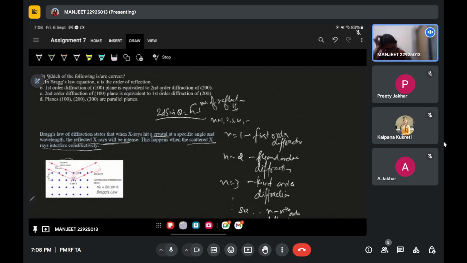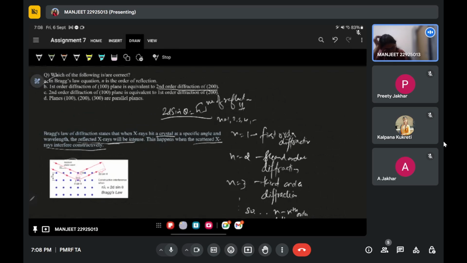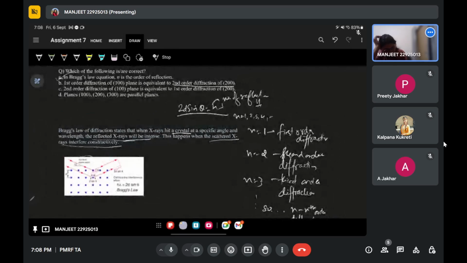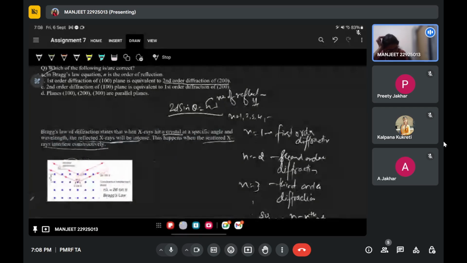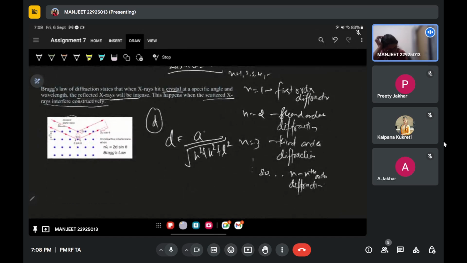Okay, so in the B part, it says the first order diffraction of this plane is equivalent to the second order of this plane. If we have the HKL, because of the simple cubic, this d is basically a divided by the square root of H square plus K square plus L square. Here d is the interplanar spacing and a is the lattice parameter, and HKL are the indices of your plane.